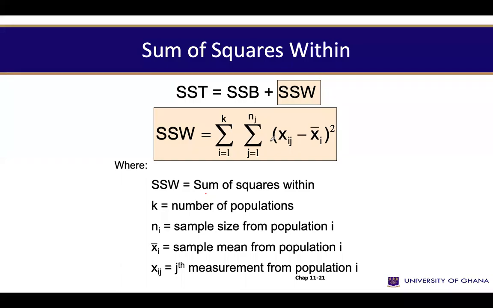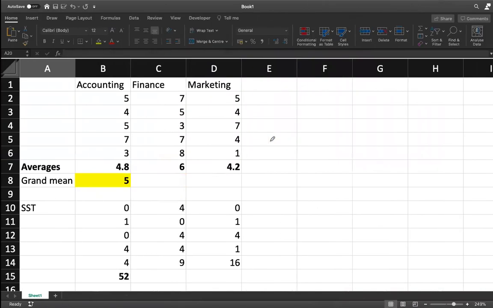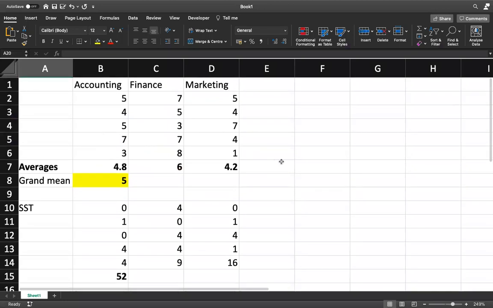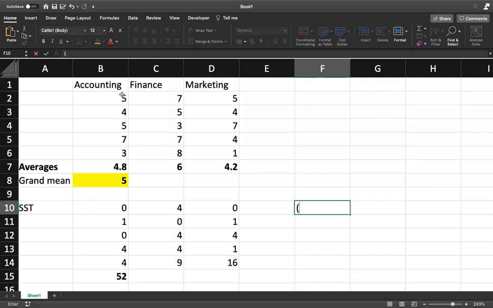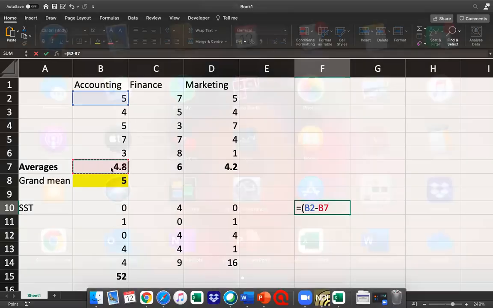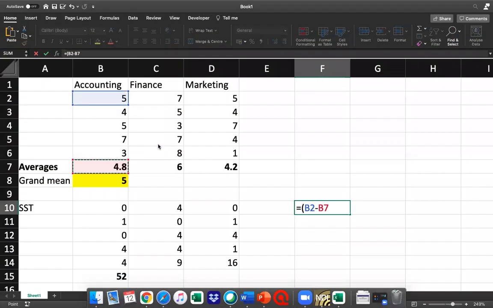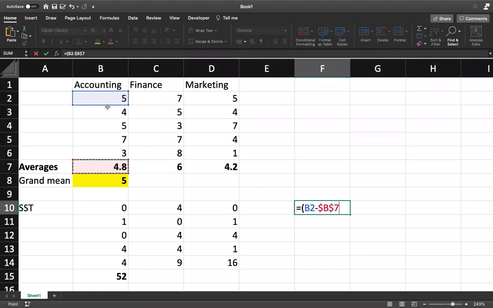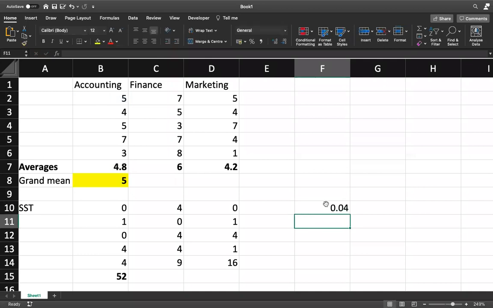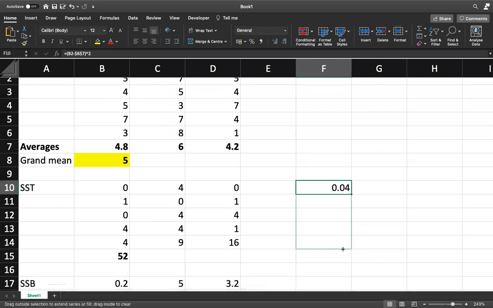So for accounting, I think it would be 5 minus 4.8, squared. Very good. So we log that, and then we square it, right? Yes. Very good. So we do the same for all the values, isn't it? Yes.